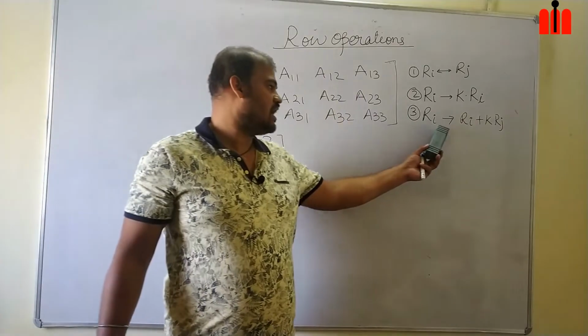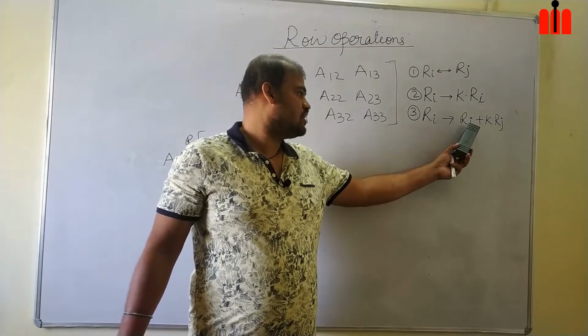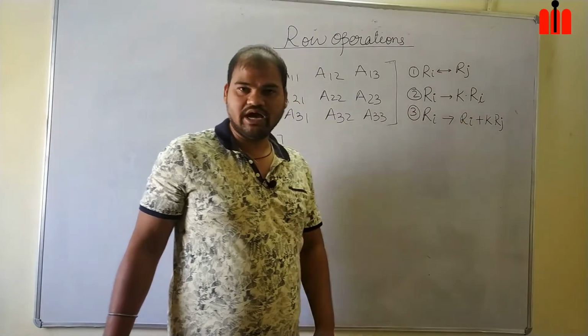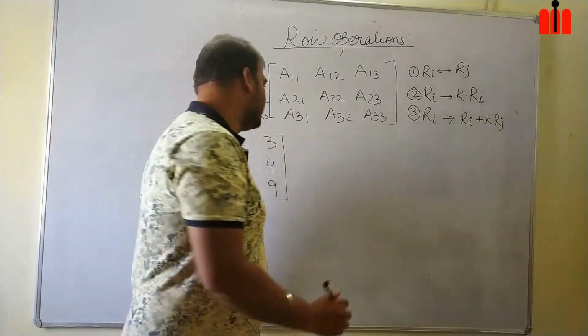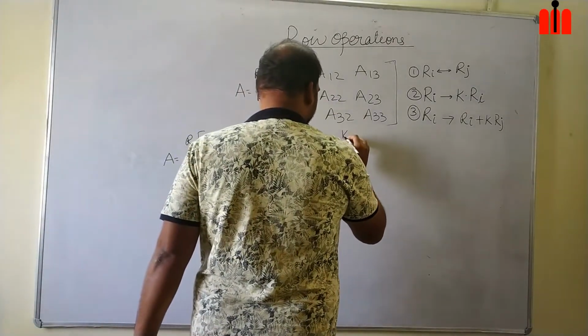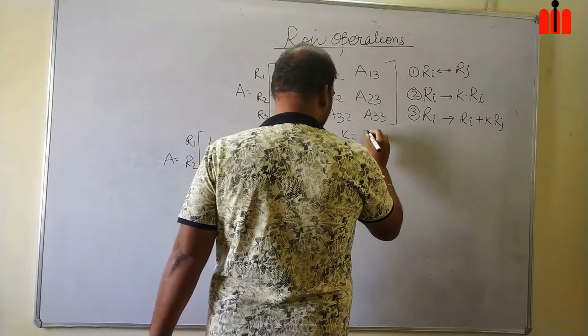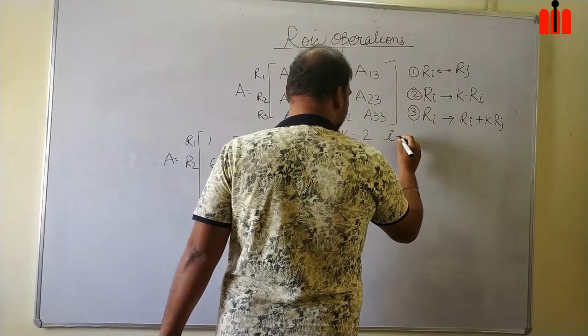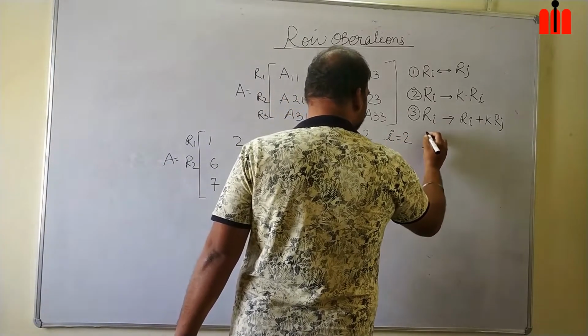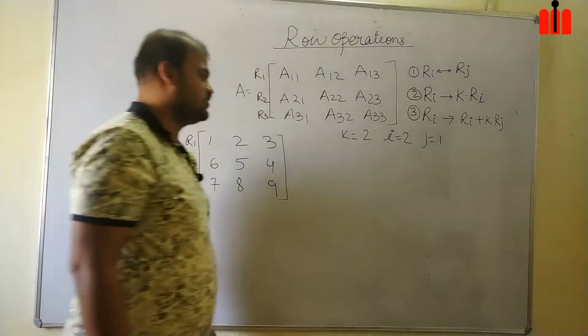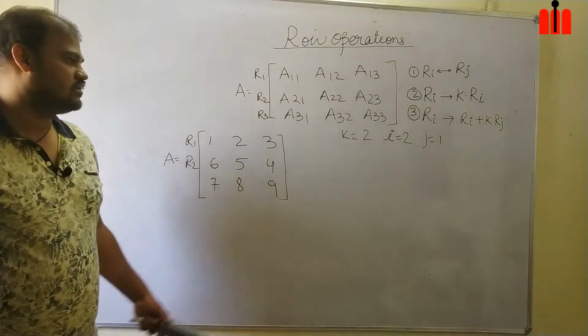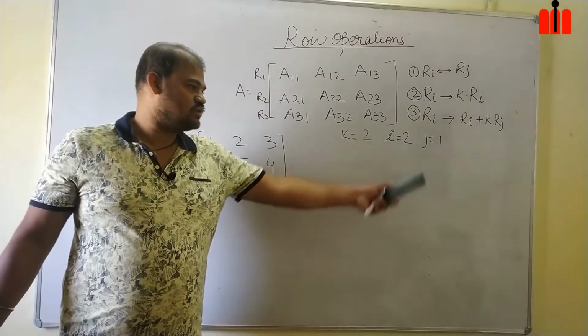Third is Ri tends to Ri plus K into Rj. I will take K as 2, I as 2 and J as 1.